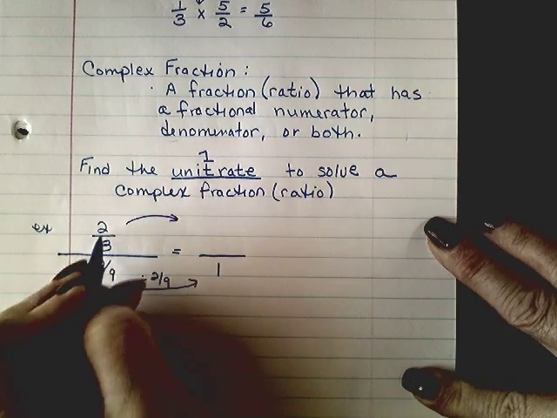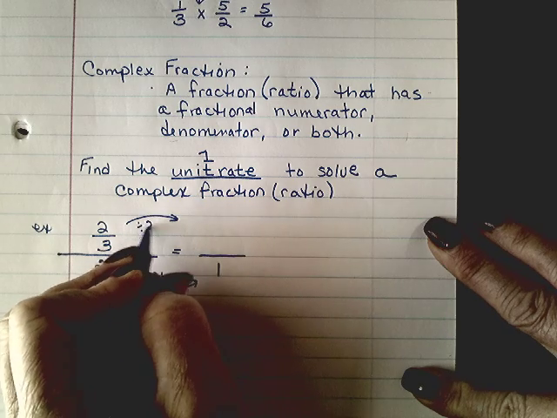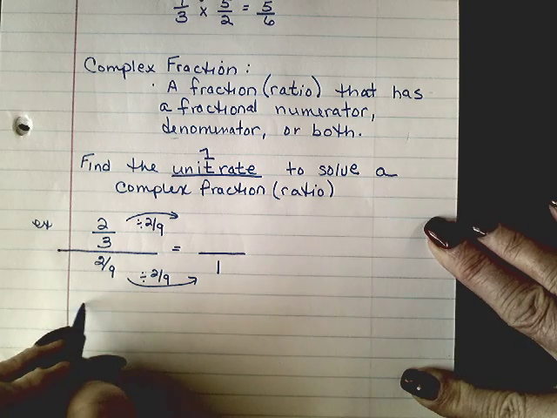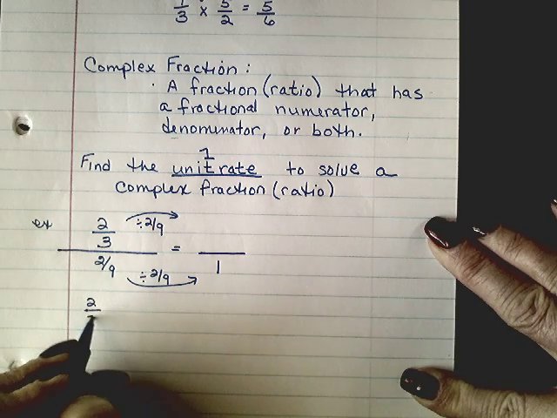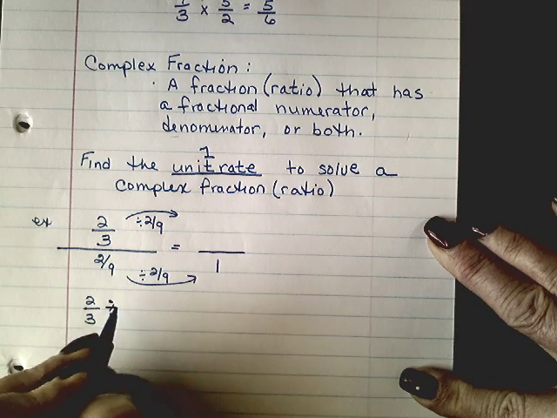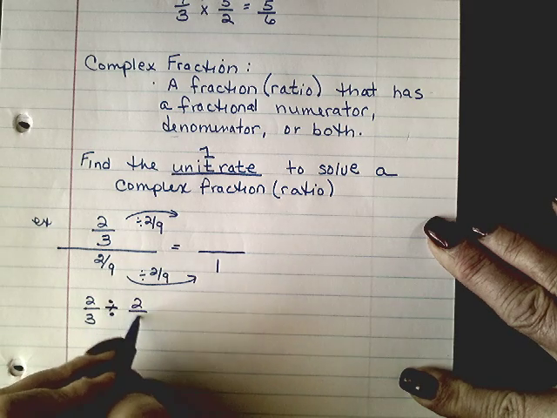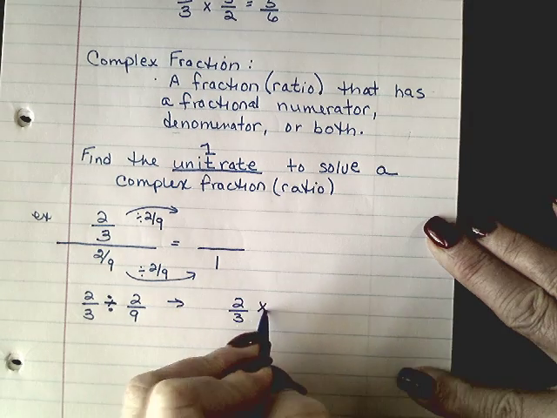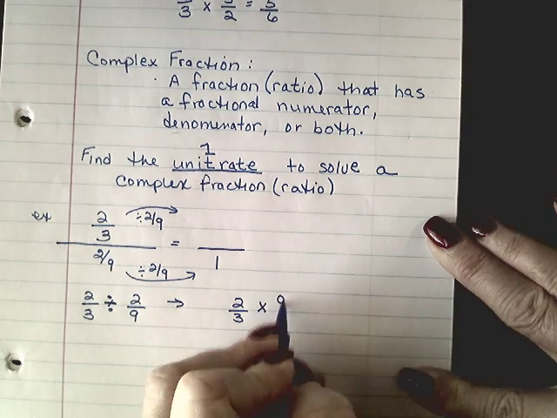And we're going to divide 2/3 by 2/9. So we are going to keep 2/3 divided by 2/9, which is 2/3 times 9/2.